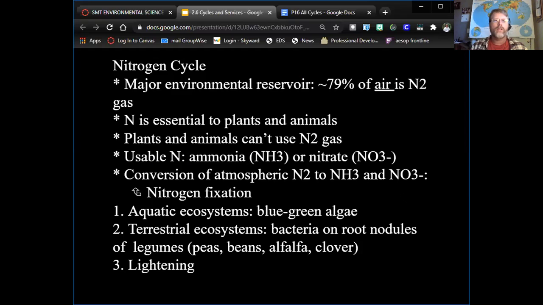So in order for us to get the ammonia and nitrates, something has to take that N2 and change it into NH3, ammonia, or NO3, nitrate. That process is called nitrogen fixation.